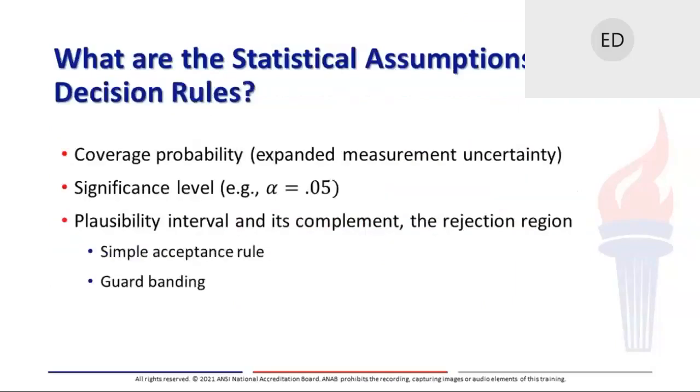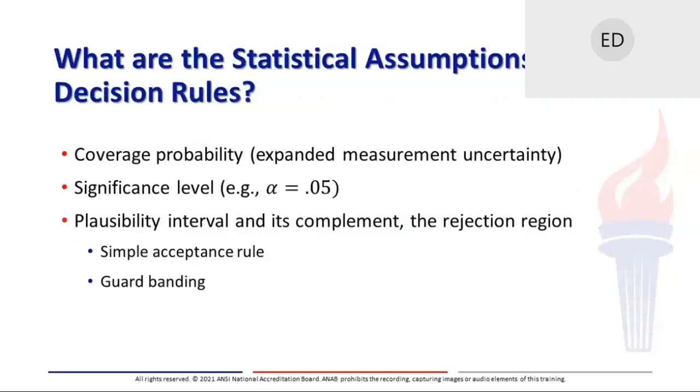So what are the statistical assumptions? Some of the statistical assumptions that go into the decision rule include the coverage probability that you've used to express your expanded measurement uncertainty.